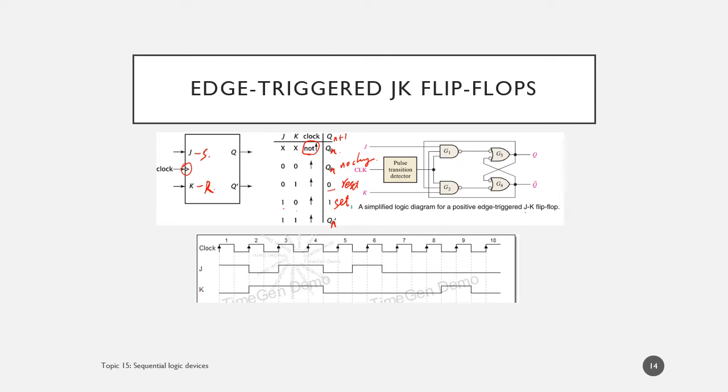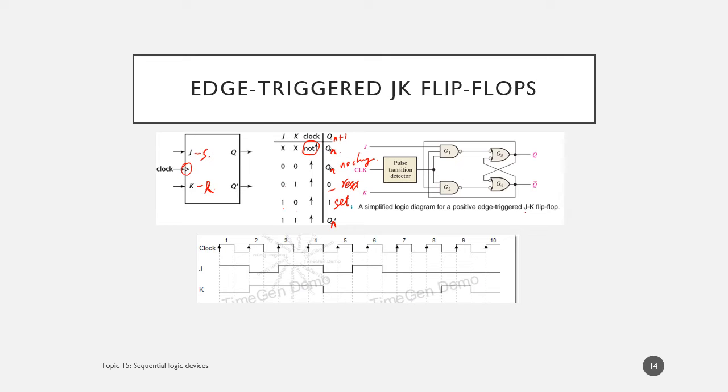Remember I just told you in previous slides, in a flip-flop we don't have to worry about the forbidden state. So with 1, 1, what will happen to the JK flip-flop is that the output will be inverted, equal to the current state of Q prime, or Q bar. So it's not forbidden anymore, which means we can use 1, 1 as input.